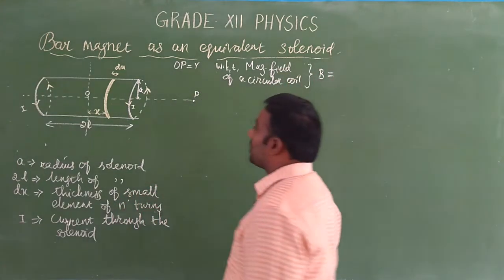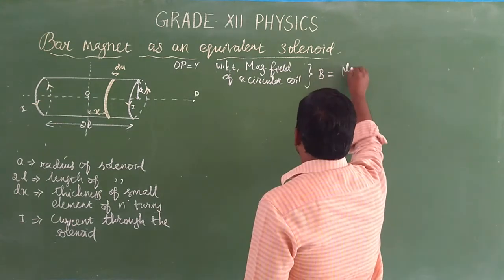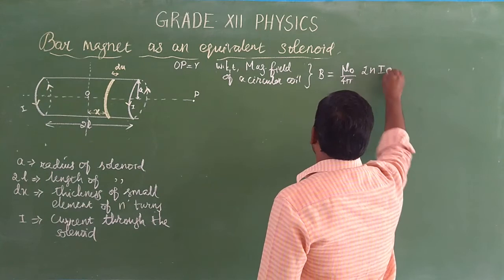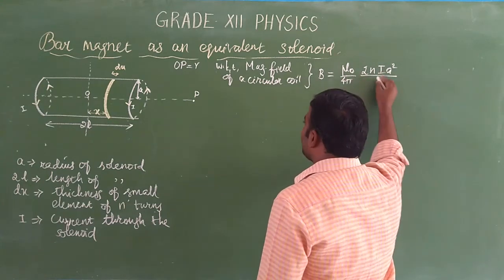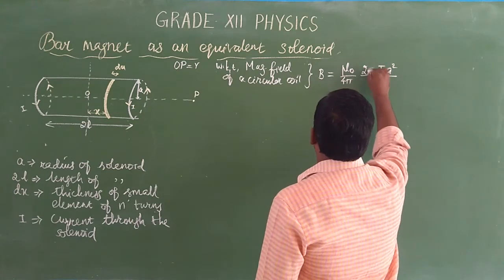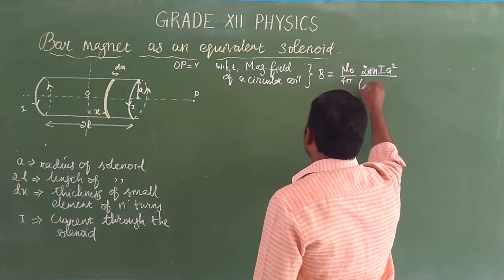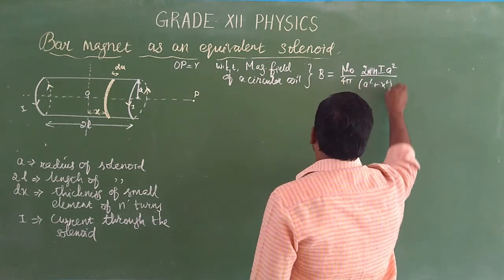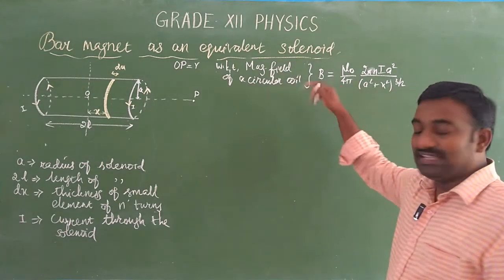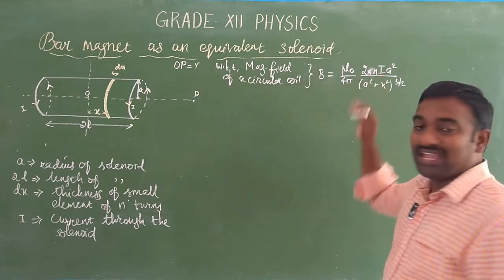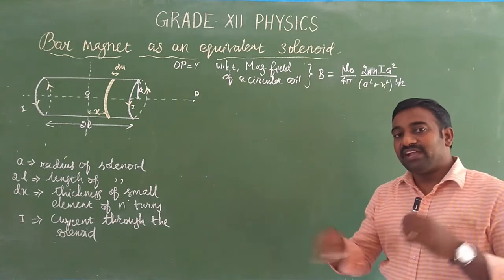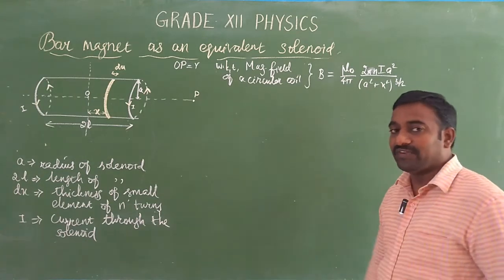The magnetic field of a circular coil is equal to mu naught by 4 pi into 2 pi N i A square divided by A square plus x square whole power 3 by 2. So this is the magnetic field for a single turn of a coil. If you use n equal to 1, we will get the magnetic field for a single turn. So for every turn the magnetic fields add up, and we need to find the net magnetic field.